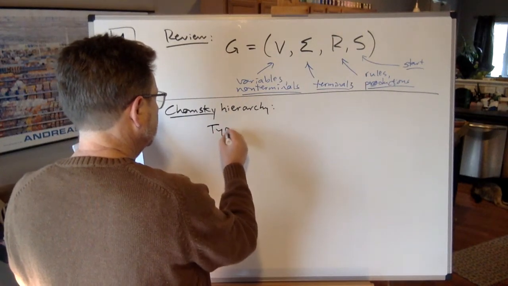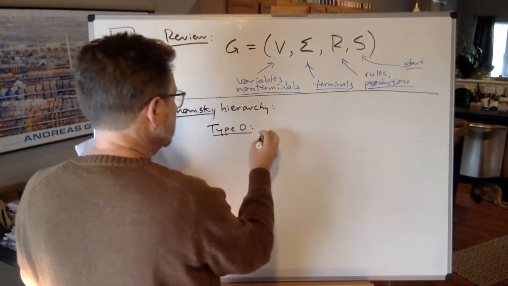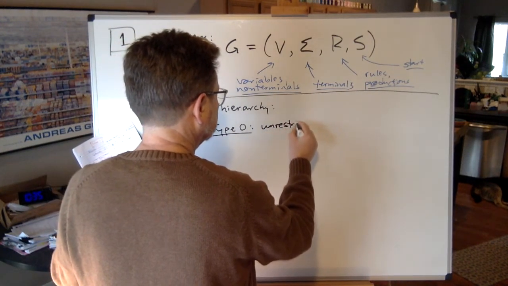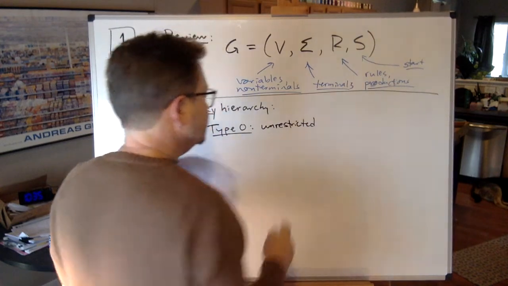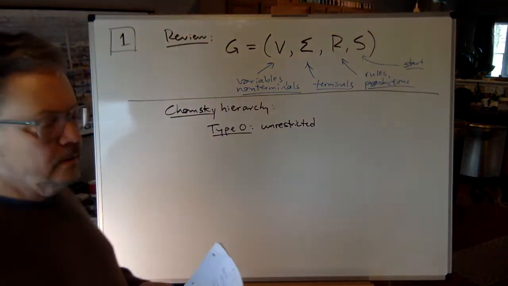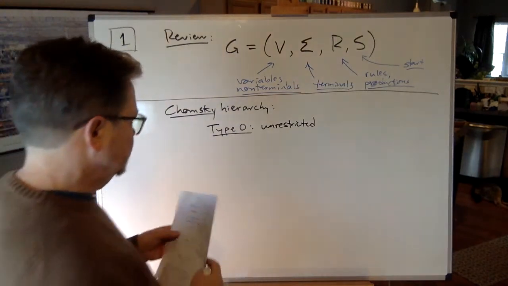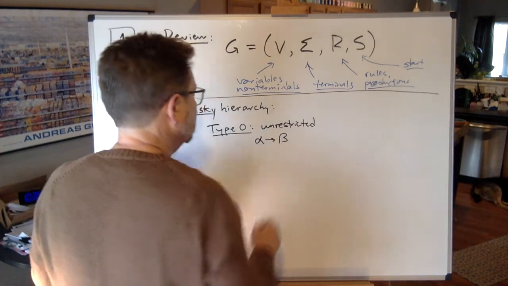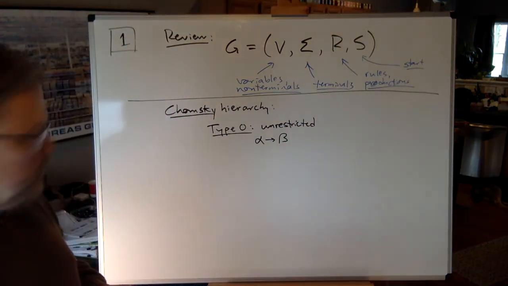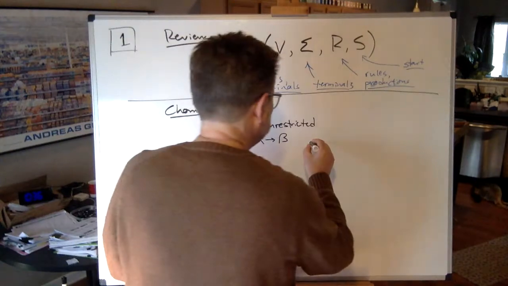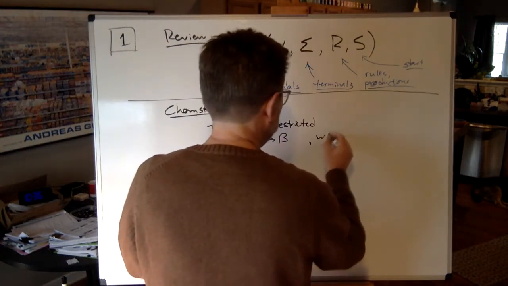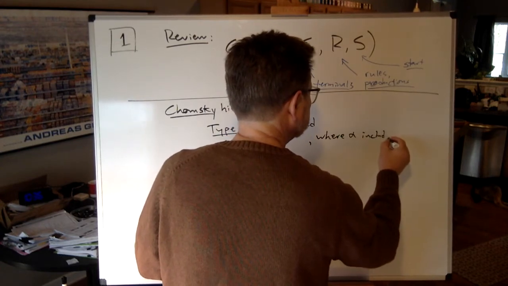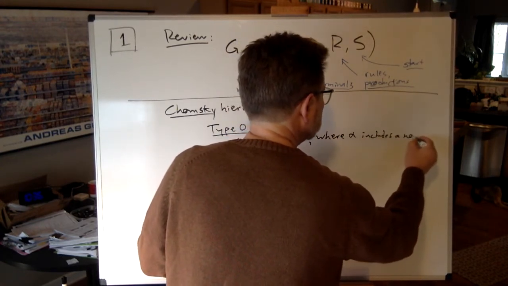Type 0. That's actually the one we started with. Those are unrestricted. Anything goes. In fact, they're so wild and crazy, they're hardly useful for anything except theoretical purposes. The production rules look like alpha goes to beta, where anything goes, as long as alpha includes a non-terminal.